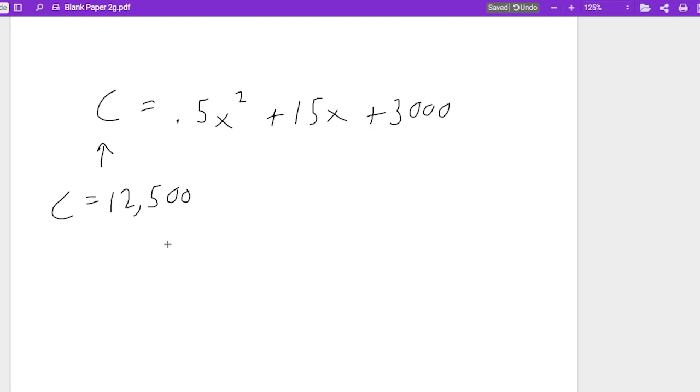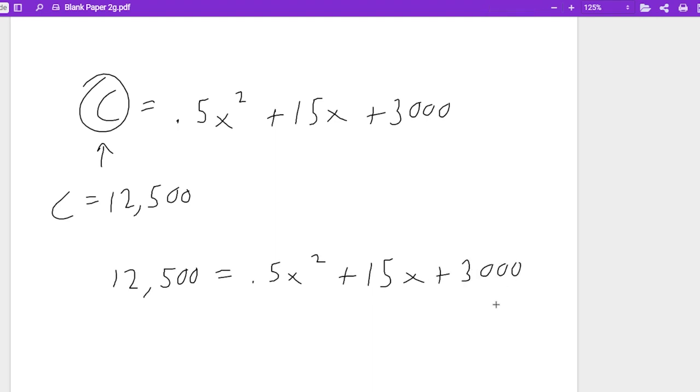So once again, this is just a quadratic formula problem because this is way too hard to factor. But before we do that, we first need to get the left side, this cost, to equal 0. So let me just rewrite it real quick. 12,500 equals 0.5x squared plus 15x plus 3,000. First thing I do, subtract 12,500 from both sides.